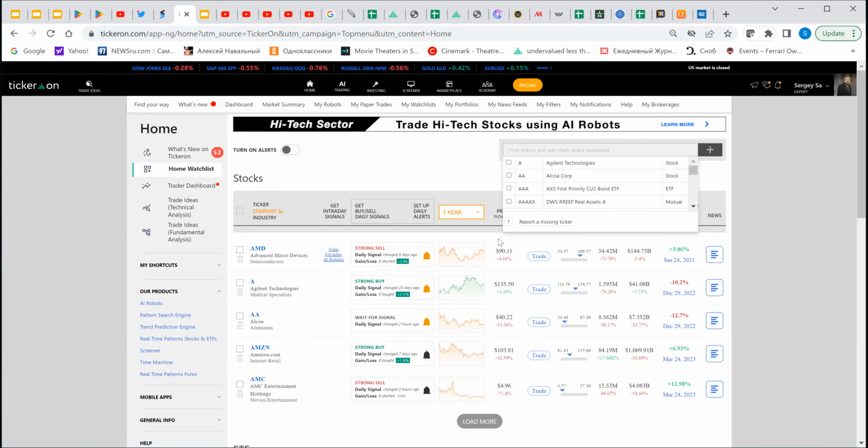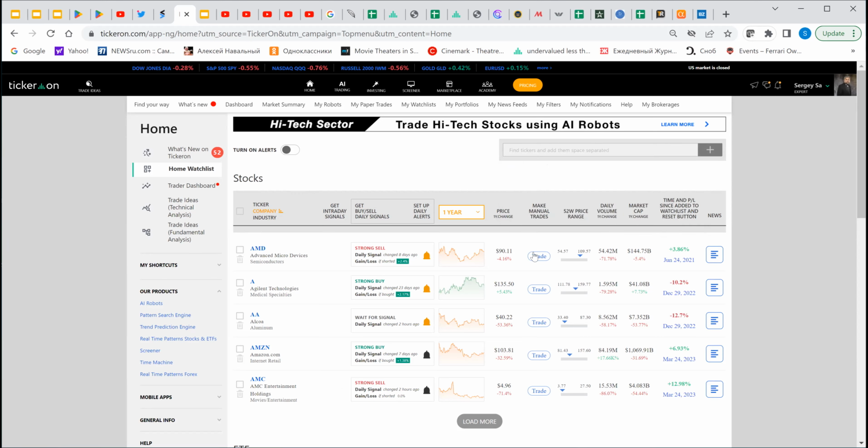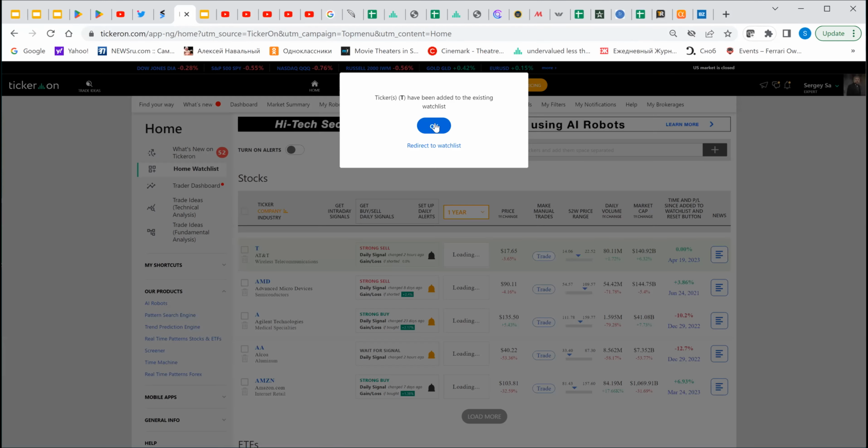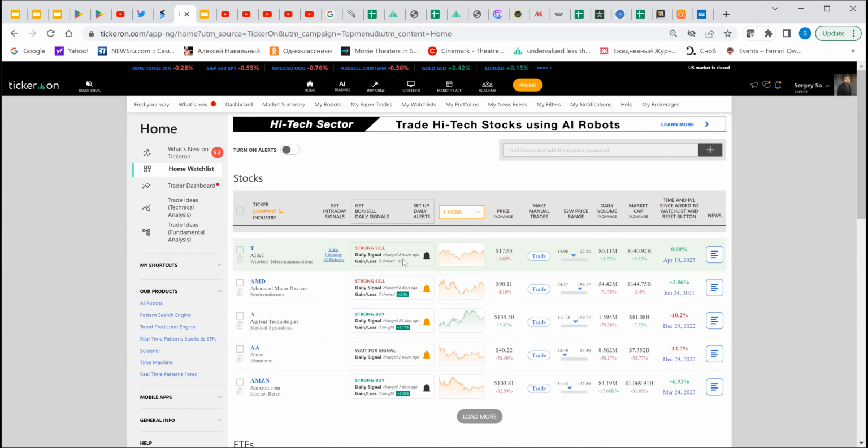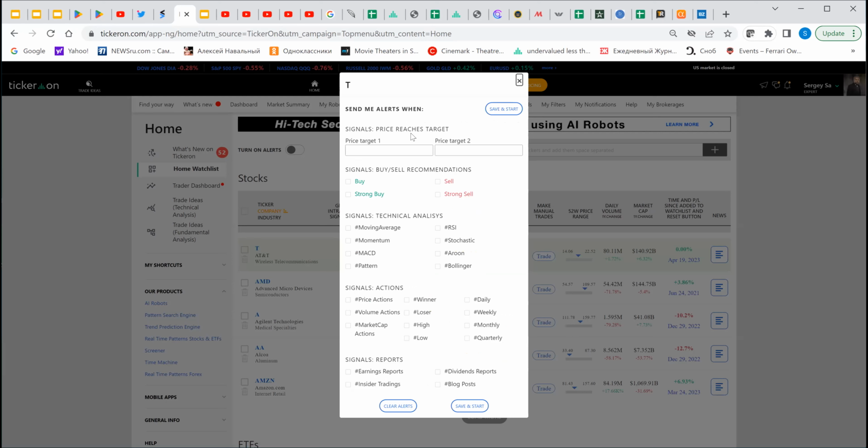If you want to add, let's say, AT&T here, you click add, and you have a new line, where you can put additional alerts if you want.